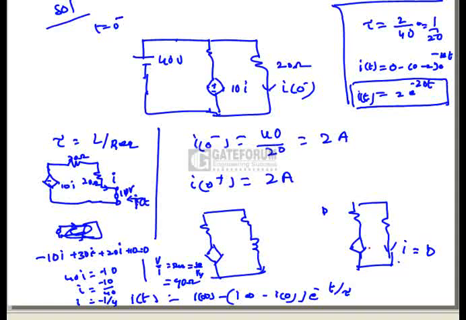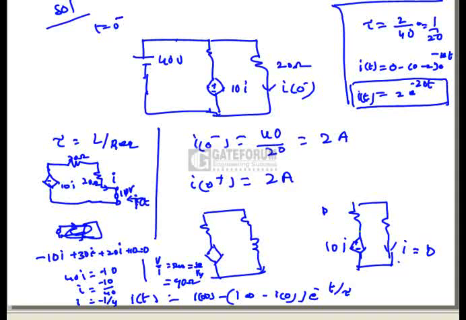So obviously, if there is no independent voltage source, the current through the network or the voltage across any branch is 0. So we conclude that at t equal to infinity the current I is 0.